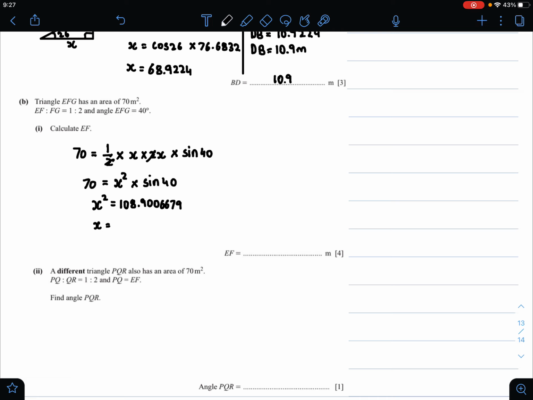Therefore x will be equal to 10.4, because we have to give our answer in 3 significant figures. The fourth significant figure in this case, which is 3, is less than 5, so it won't round off the third significant figure to the next number. Therefore 10.4 meters will be our final answer for B part 1 of this paper.